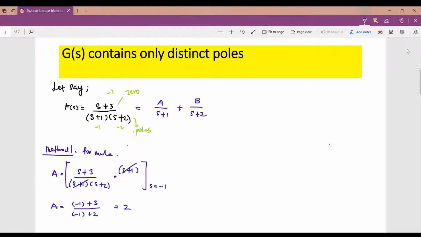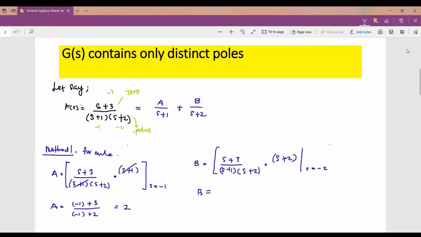And then to find B, you copy the equation. This formula is used if G(s) contains only distinct poles. You must remember that. For B, the root is s plus 2, so s equal to negative 2.